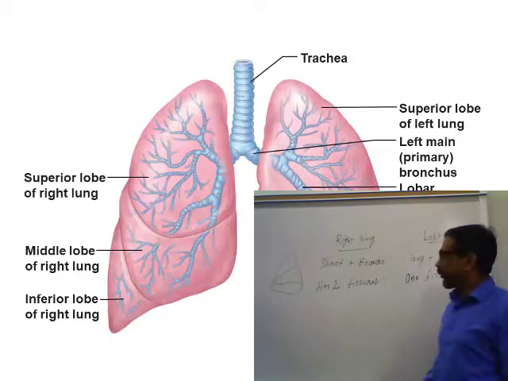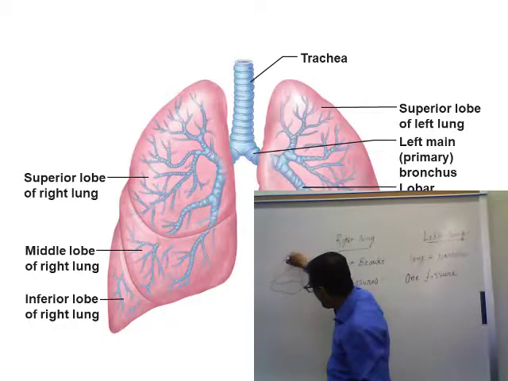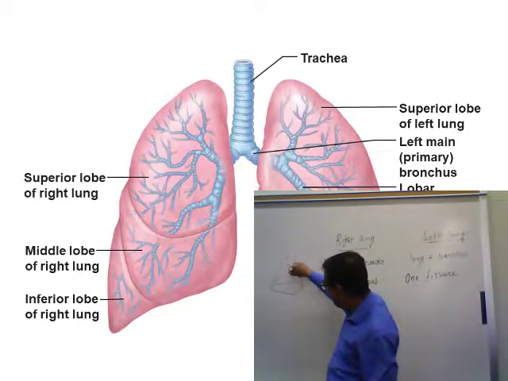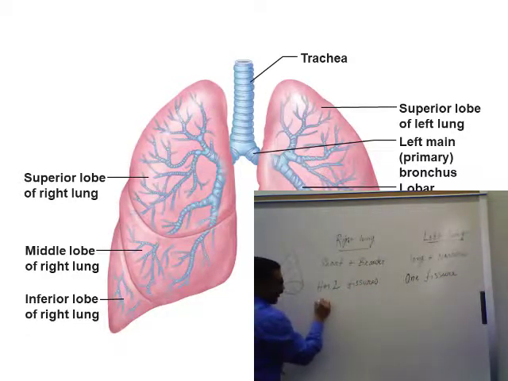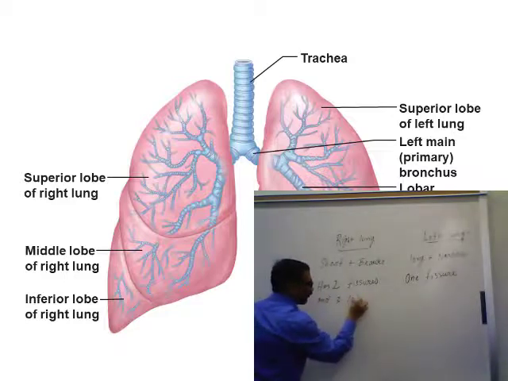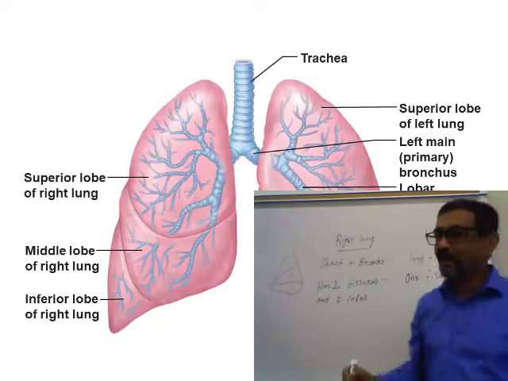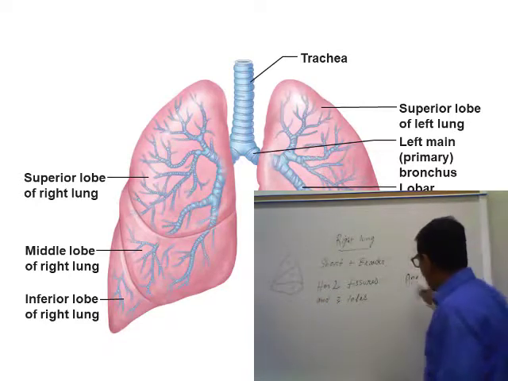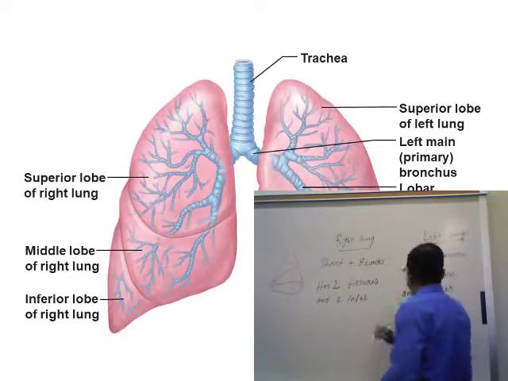Okay. That means since the right lung has two fissures, it is divided into three lobes: superior, middle, inferior. Since the left lung has only one fissure, that's why it has two lobes.